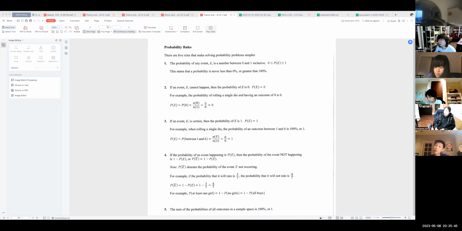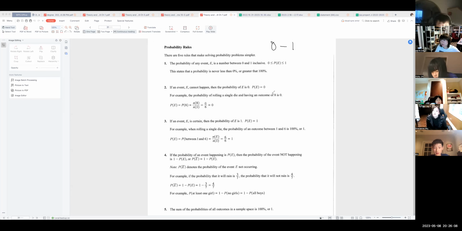How is 300% possible? It's impossible. It's wrong because all the probability goes from 0 to 1. Okay. So if an event E cannot happen, that means the probability is 0.